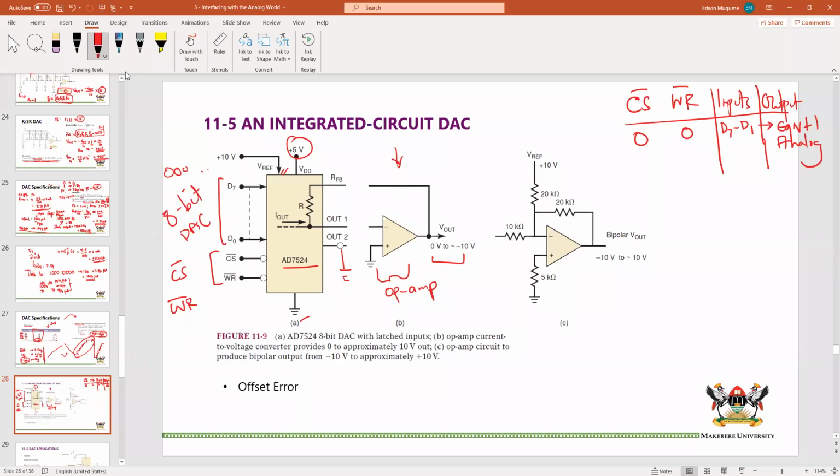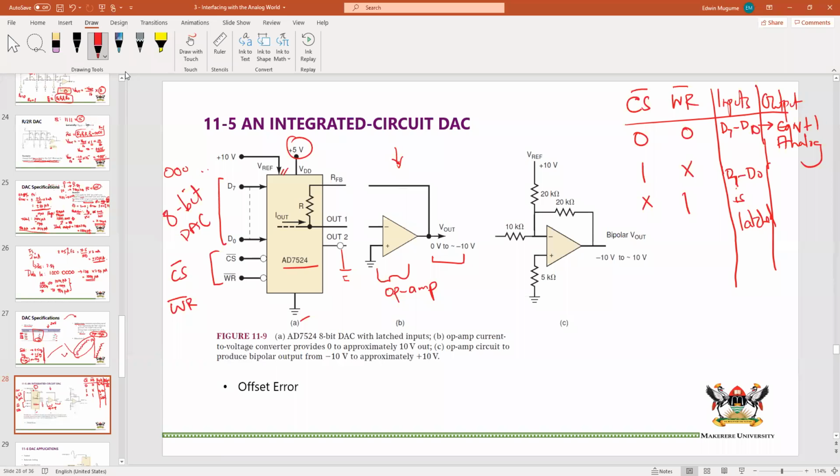So for instance, let's say that this is 1 and that is X, or this is X and that is the one that is 1. As long as one of them moves from its active state, we know what that means. Usually what happens is that the information for this particular IC, D7 to D0, is latched.